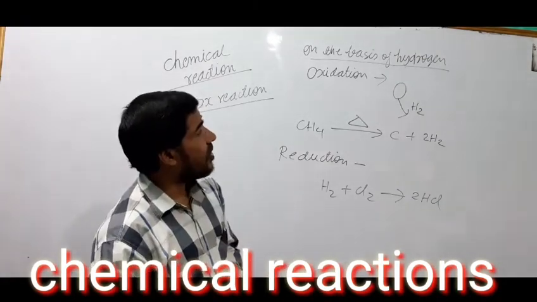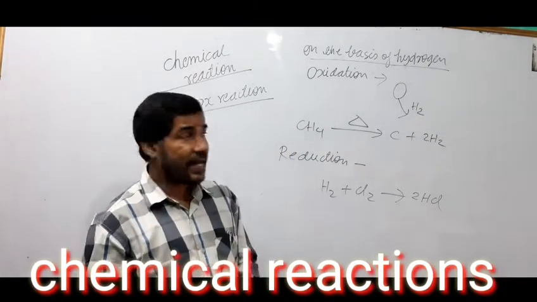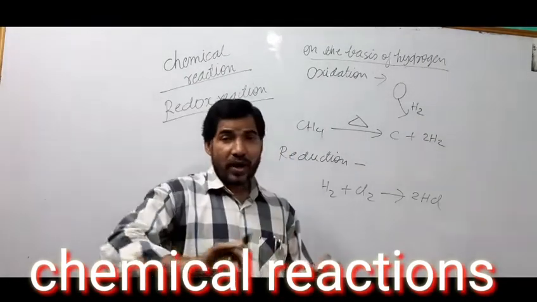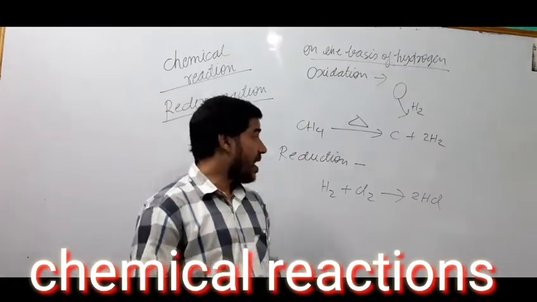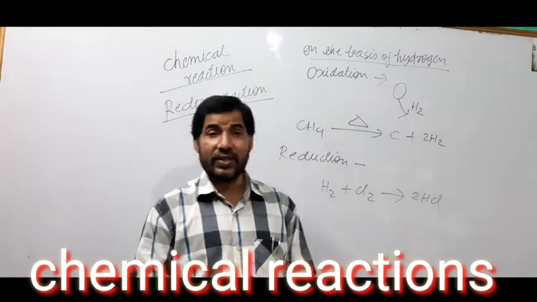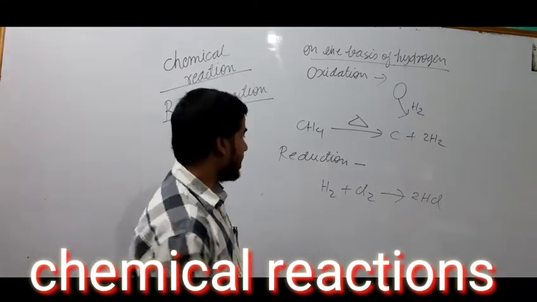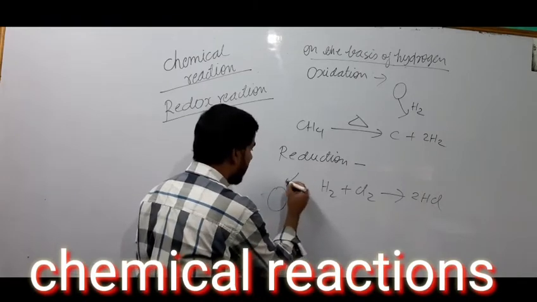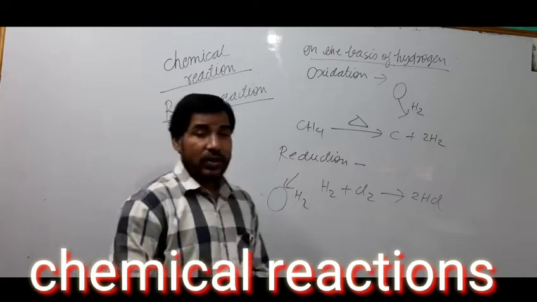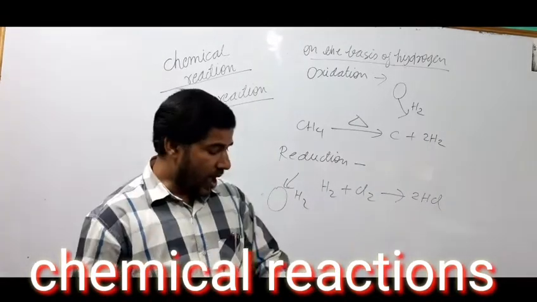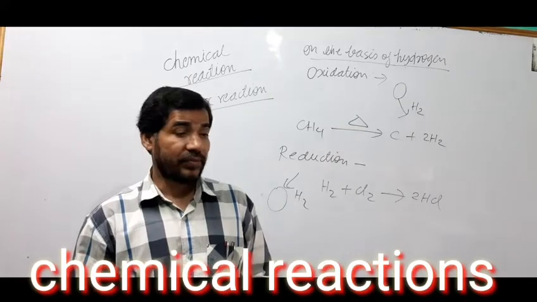So on the basis of hydrogen, we can define oxidation: those chemical reactions in which a removal of hydrogen takes place are called oxidation reaction, and those chemical reactions in which addition of hydrogen takes place are called a reduction reaction. This symbol tells us that addition of hydrogen takes place here. So you are seeing here what is oxidation and reduction reaction.